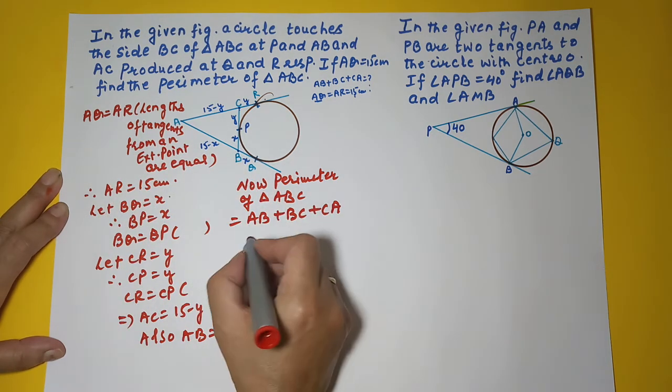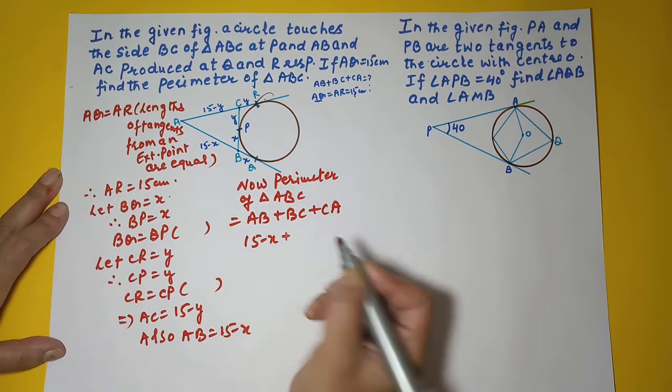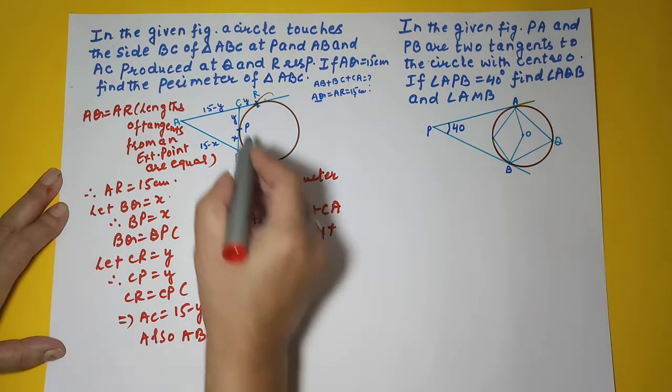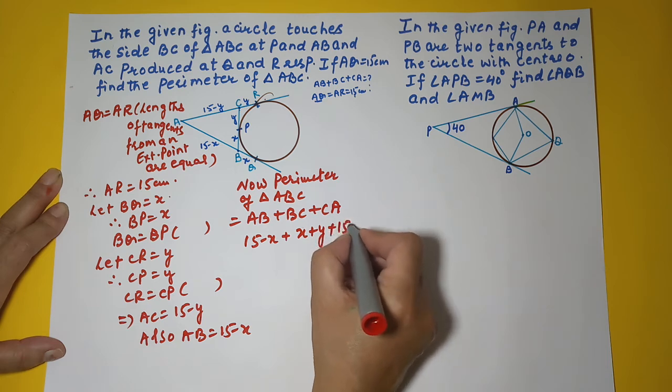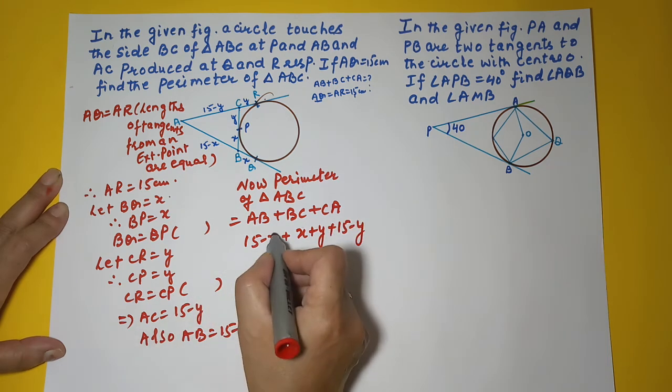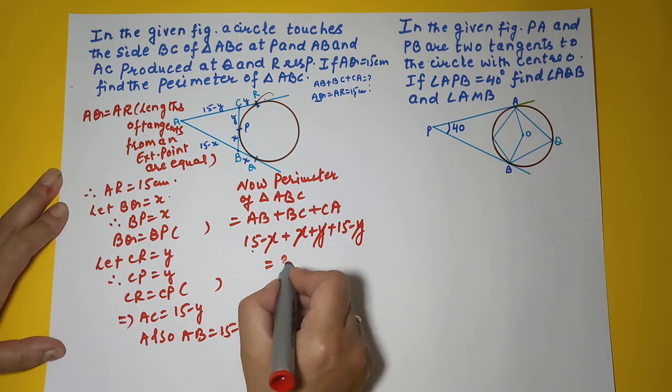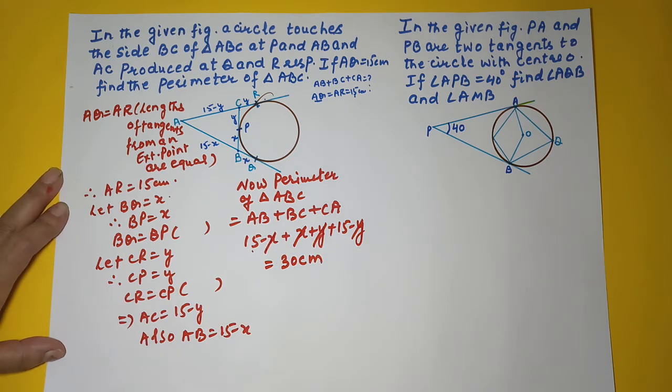Your AB is 15 minus X. Your BC is X plus Y. Your CA is 15 minus Y. So X and X will go, Y and Y will go. 15 plus 15 is equal to 30 centimeters. So you have calculated the perimeter of triangle ABC.